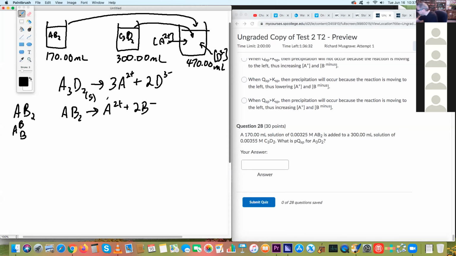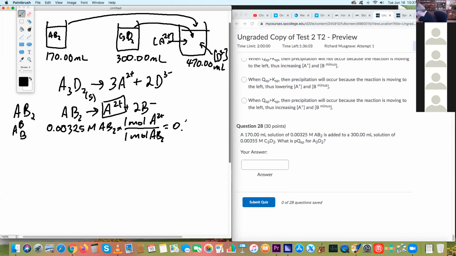Again, we're only interested in the A concentration here. So what I would do first is, I am given the concentration of the AB2 as 0.00325 molar AB2. And we get 1 mole of A2 plus out of that for every 1 mole of AB2.